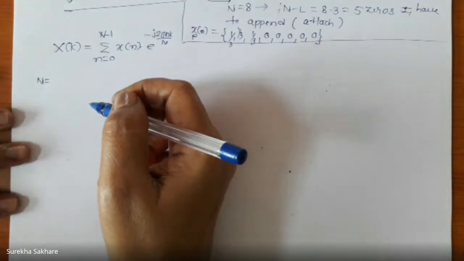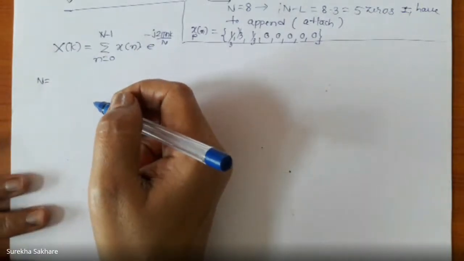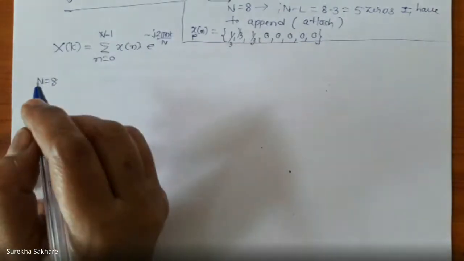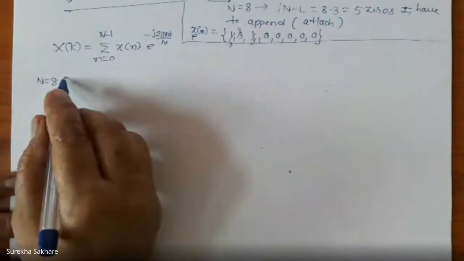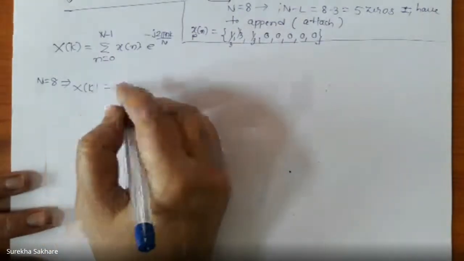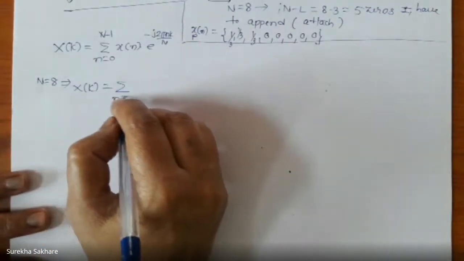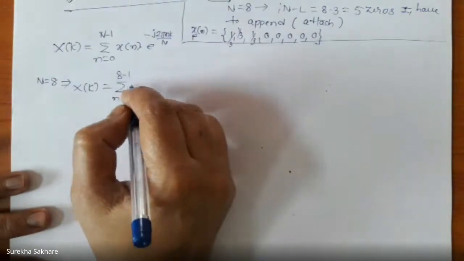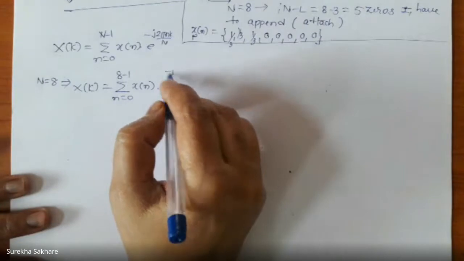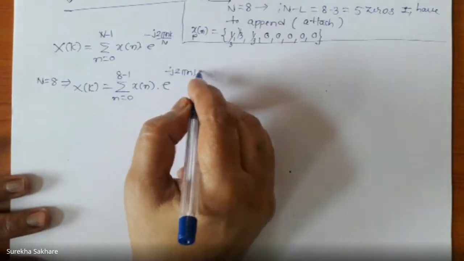So just see, when N is equal to 8, I will make the changes like this. X of k is equal to summation n equal to 0 to 8 minus 1 of x of n e raised to minus j 2 pi nk by 8. Okay.